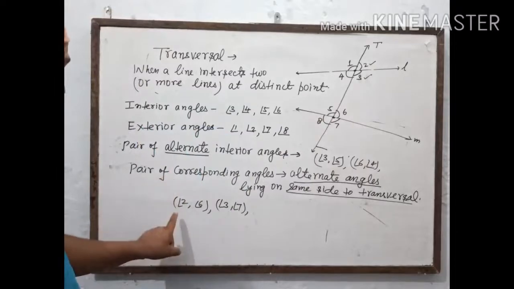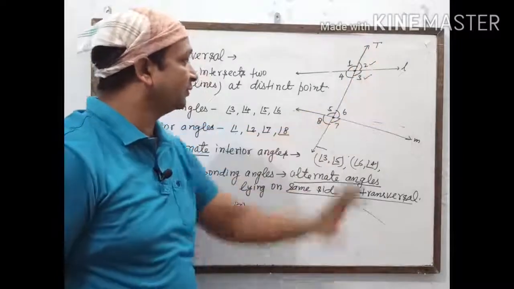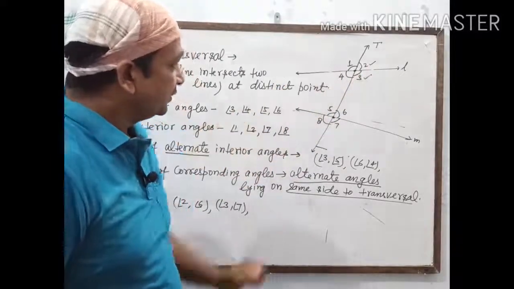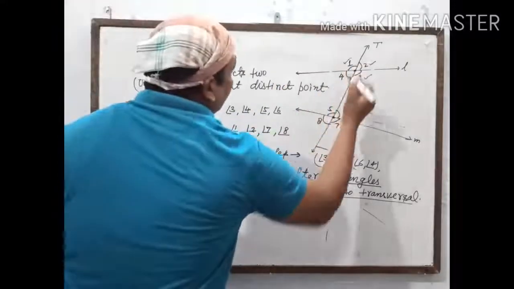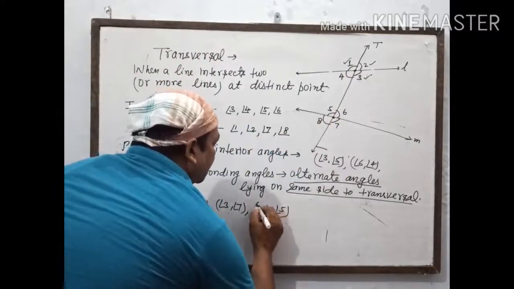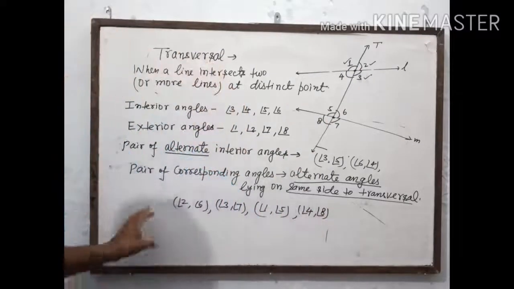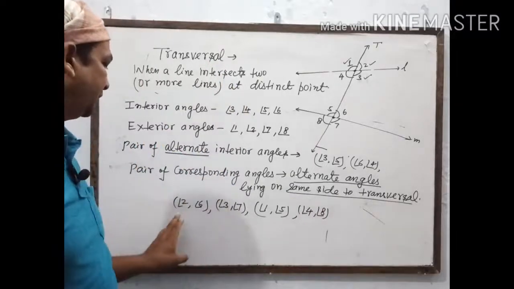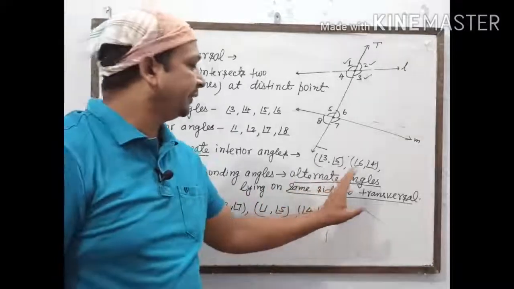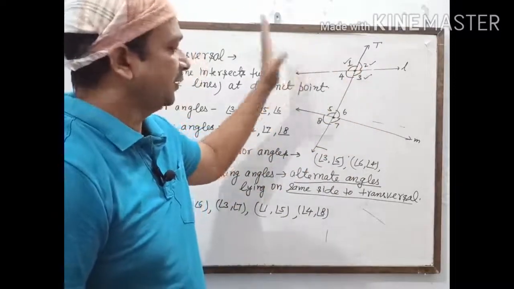Then we find 2 pairs of corresponding angles on the right side of the transversal. Again, if we concentrate on the left side, starting from 1, we get 1 and 5, and 4 and 8. These are pairs of corresponding angles. How many pairs? 1, 2, 3, 4. What are corresponding angles? Alternate angles on the right side or alternate angles on the left side.